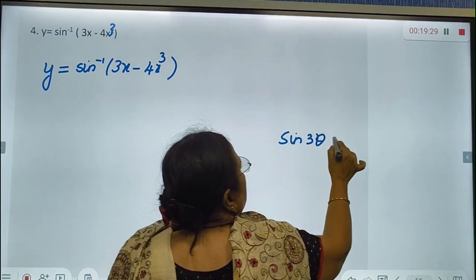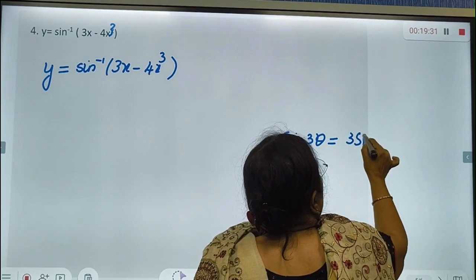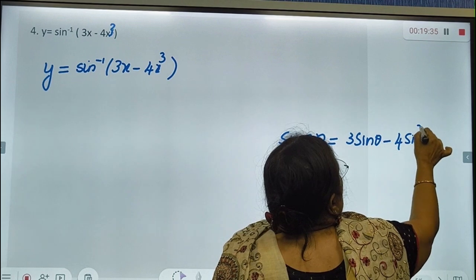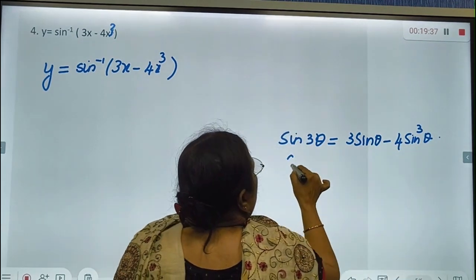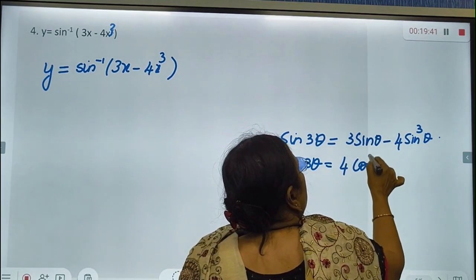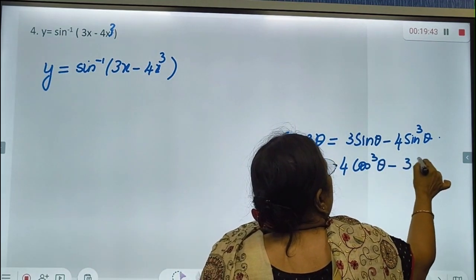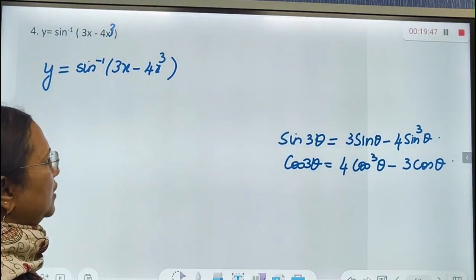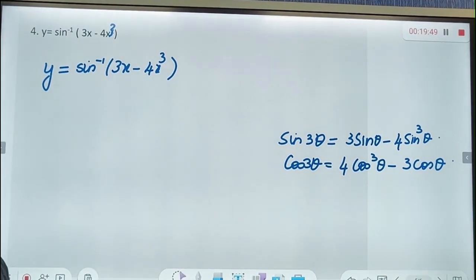You know that sine 3 theta is 3 sine theta minus 4 sine cube theta. Cos 3 theta is 4 cos cube theta minus 3 cos theta. These are some of the concepts that you have learnt in class 11 in the topic of trigonometry.